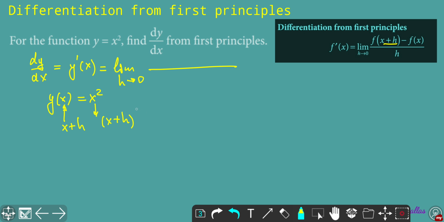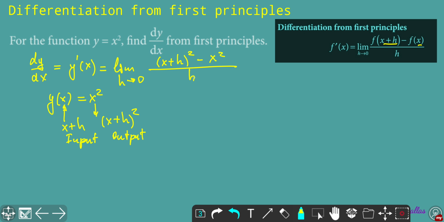That's how a function works: you have an input and you get an output according to the rule the function gives you. Then we take away f(x), which is x squared, and finally we divide by h.